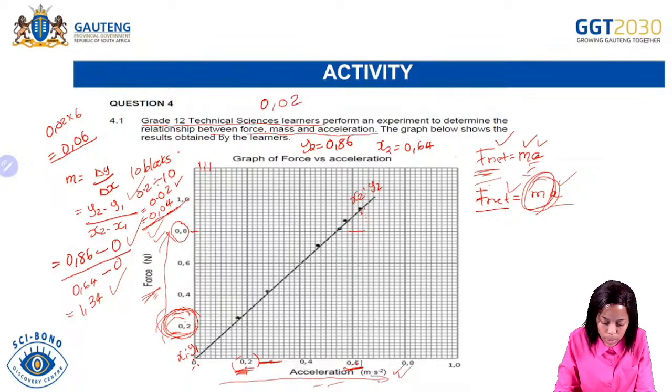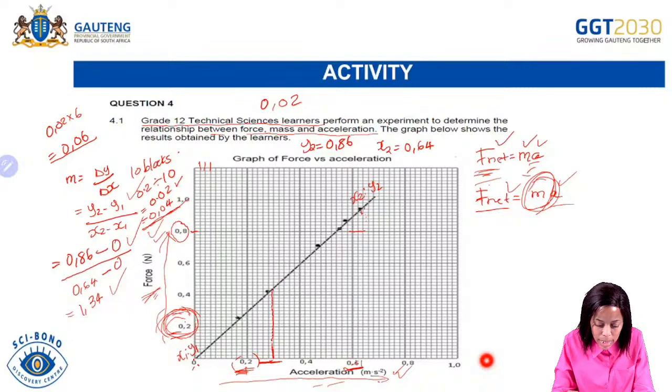So 5 blocks, it means that it is going to be in the center. So it's 1, 2, 3, 4, about 5 blocks, which is somewhere there in the center. So from there, you would then go up on the graph and determine the net force.